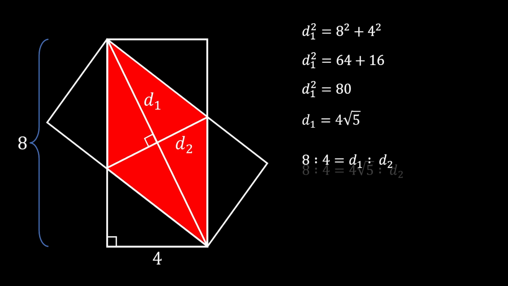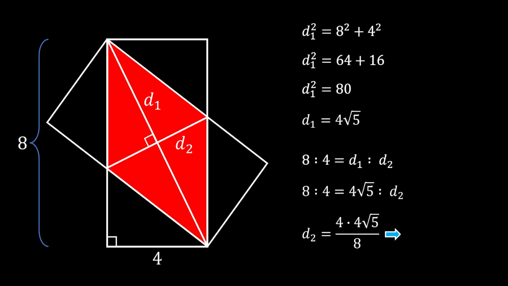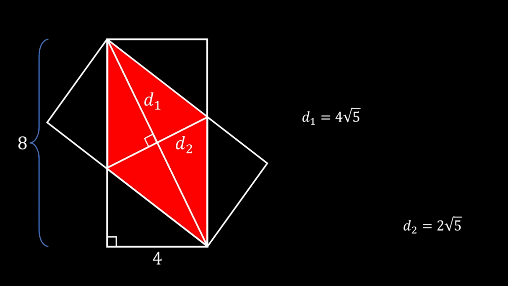Now we can just substitute the value for d1 and get that 8 to 4 is equal to 4 square root of 5 to d2. Now we can work through this and finally get that the value of the d2 diagonal is equal to 2 square root of 5.